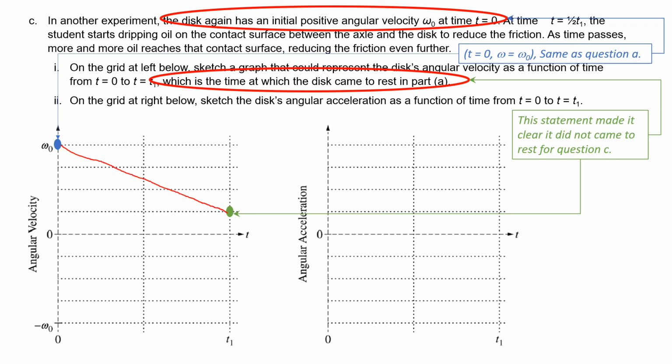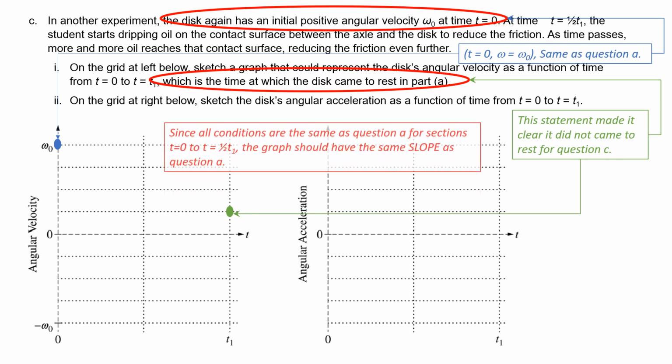Of course it's not, because we did not apply oil from the start at t equals 0. We only apply oil according to the problem. Oil is being added when t equals 1/2 of t sub 1. So halfway through the rotation, or halfway through the time, oil was added to your system.